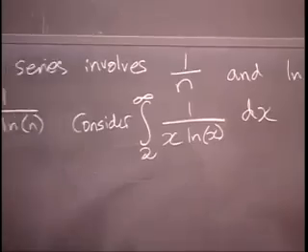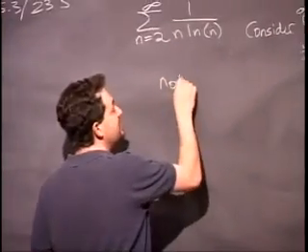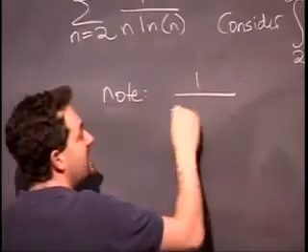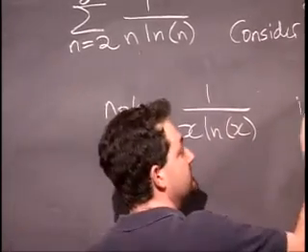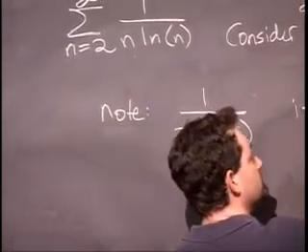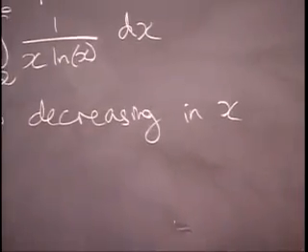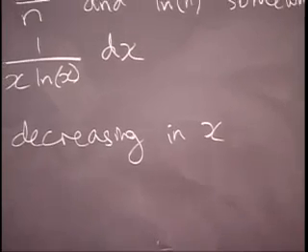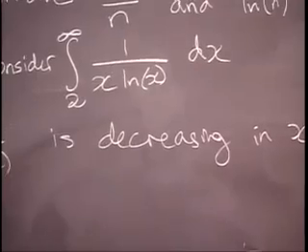Now, for this to be valid, there is one important condition that you need to check. Note that the integrand, 1 over x log x, is decreasing in x. That means when x gets larger, 1 over x log x gets smaller. How can you see this? Well, you could differentiate it and show the derivative is negative. Not so bad.